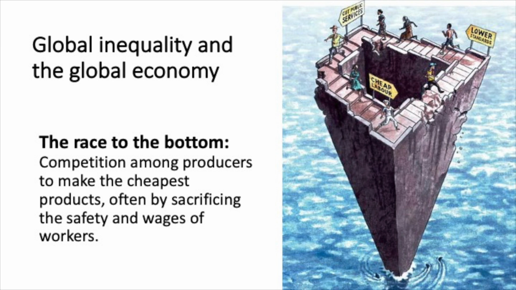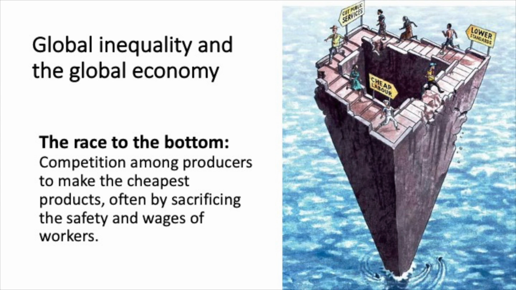So the race to the bottom is the idea that we have competition among producers, so maybe different factories that are producing these t-shirts to make the cheapest products because they want to be the most marketable to the bigger clothing companies that are going to be purchasing these products from them. So they want to make them as cheaply as possible in order to really be the lowest cost to places like, maybe we'll think of the Gap or Target or Walmart.